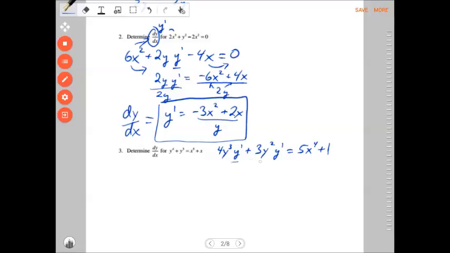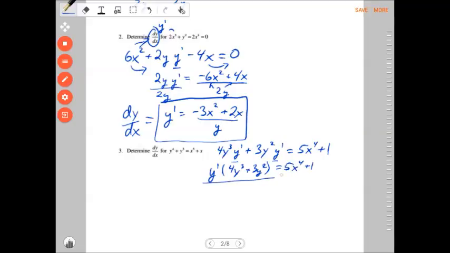See how both of these terms have y prime in them? And I'm leading you up to this. Eventually we're going to have to get all the y primes on the same side. But for now, they just are on the same side. So the y prime factors out, and you get 4y cubed plus 3y squared equals 5x to the fourth plus 1.